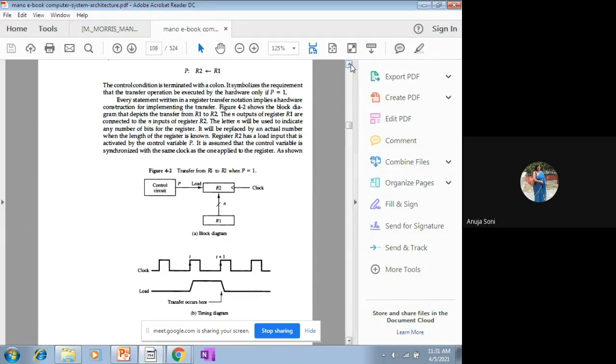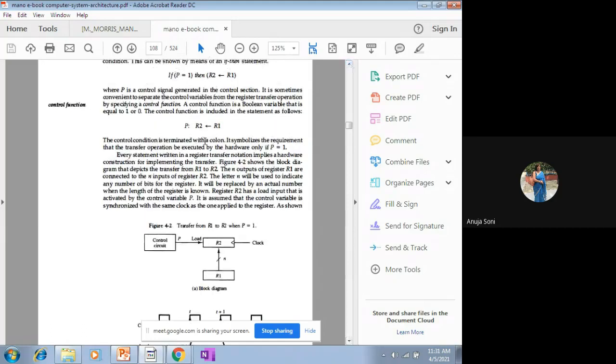This activity will always take place with the activation of a positive transition of the clock. Because in the system the internal clock is also working, and when the clock is enabled, then only this control function will be enabled. And once this control function is enabled, in consequence the register transfer will take place. So one clock will be controlling all the activities.